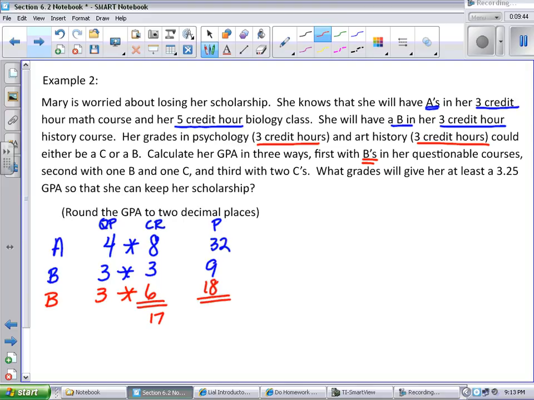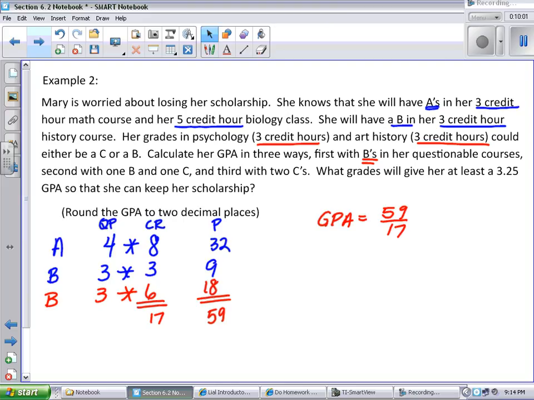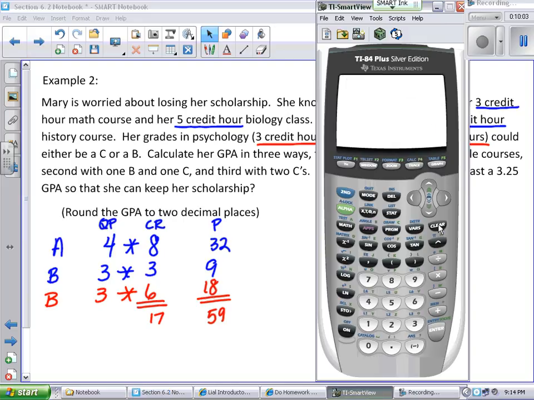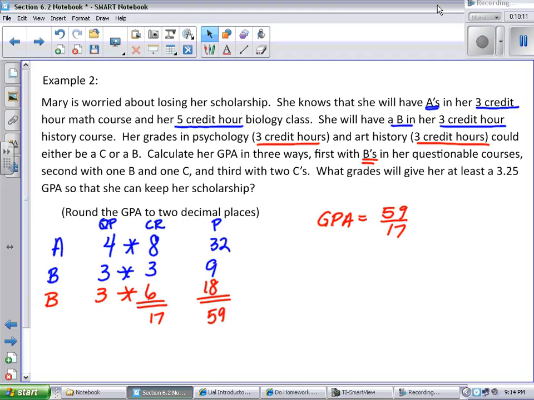The sum of those products, 32 and 9 is 41, 59 points. So to find her GPA, we will do 59 divided by 17. And I never like doing those by myself. 59 divided by 17. Use that calculator. So it looks like 3.47.